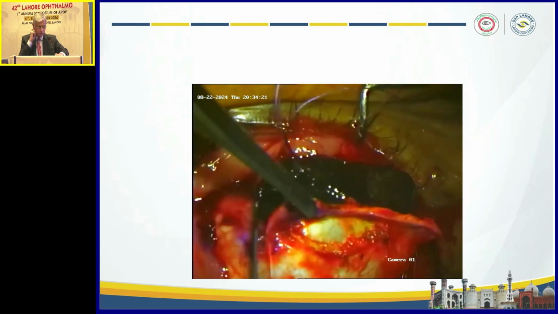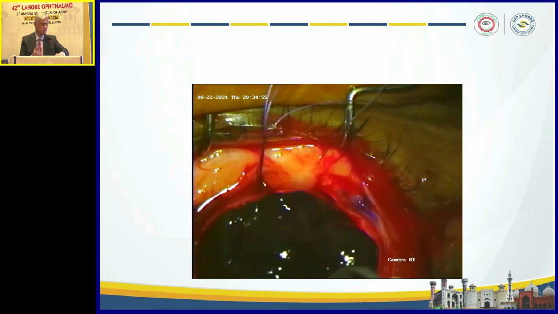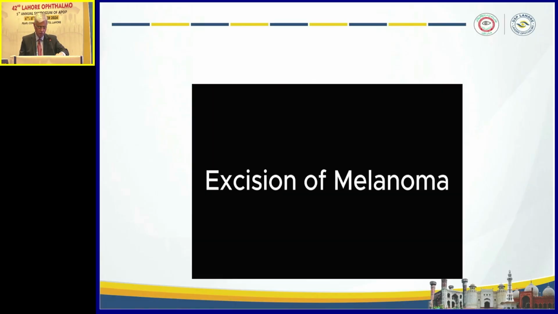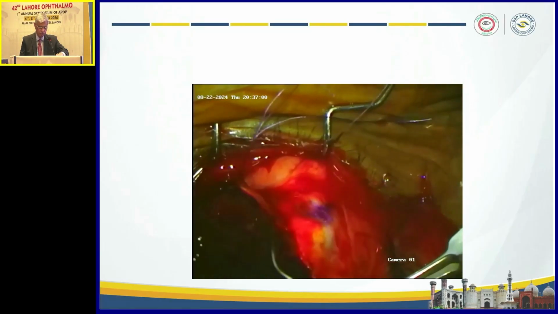When the flap was raised, the tumor itself bulged out. We didn't have to make any incision in the tumor. It itself came out. We just, with blunt dissection, removed the whole tumor.